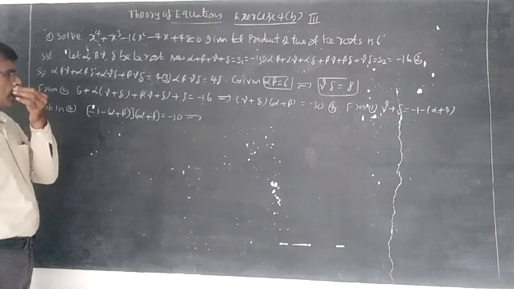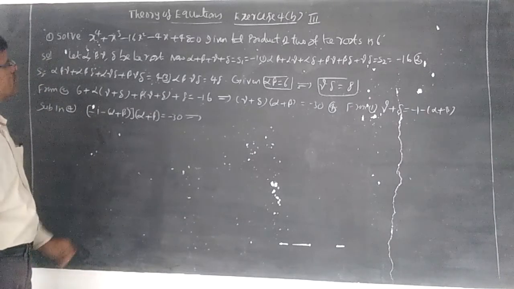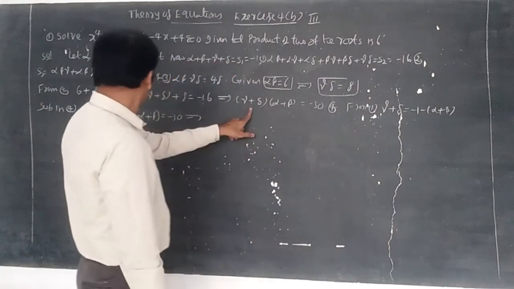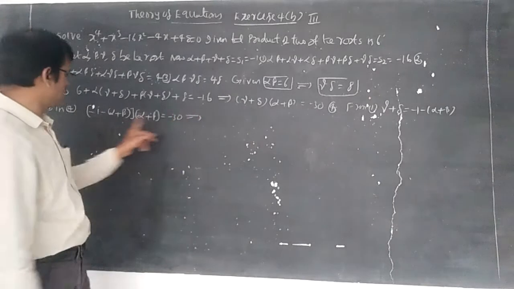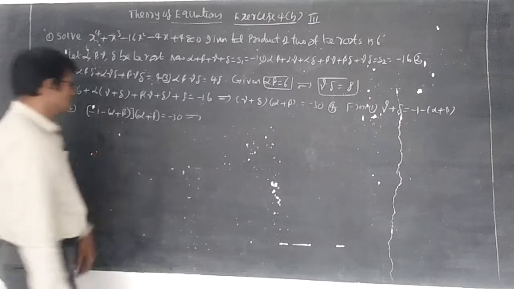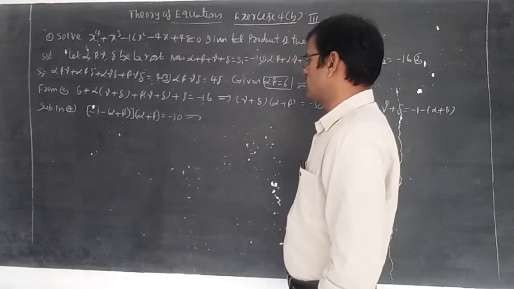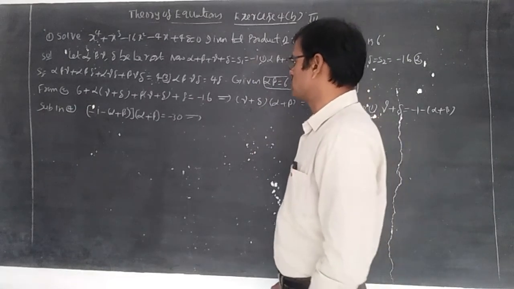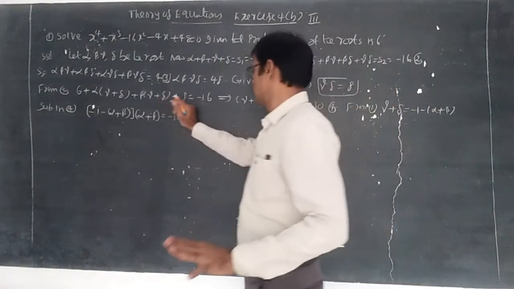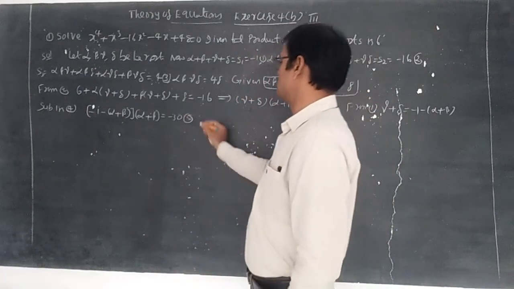Instead of gamma plus delta I wrote minus 1 minus of alpha plus beta, into alpha plus beta, is equal to minus 30. So we get minus of alpha plus beta, minus of alpha plus beta whole square, is equal to minus 30. Keep this aside. Here it is the fifth equation. Now from 3 we can write.